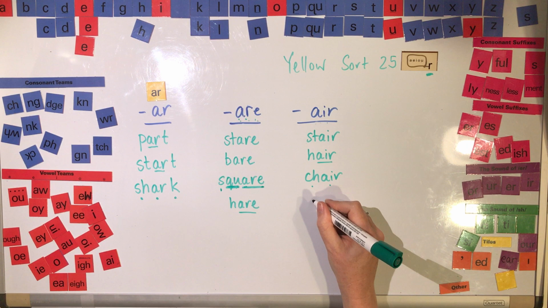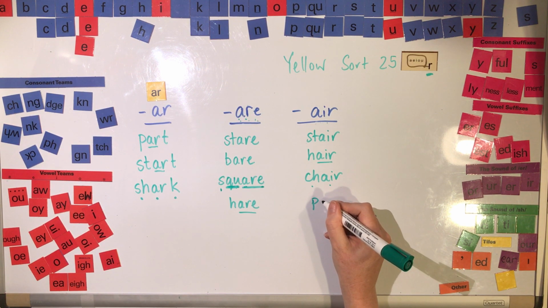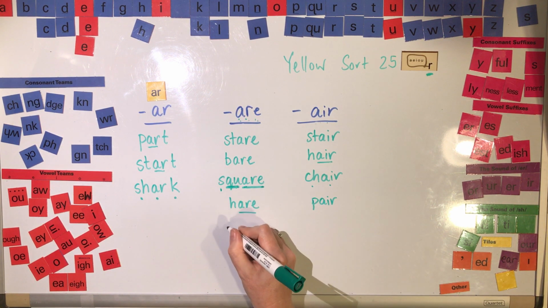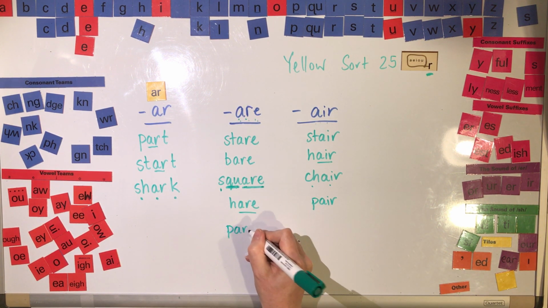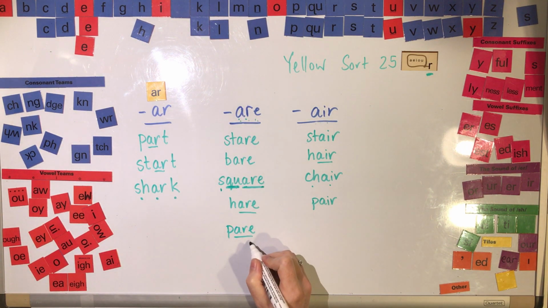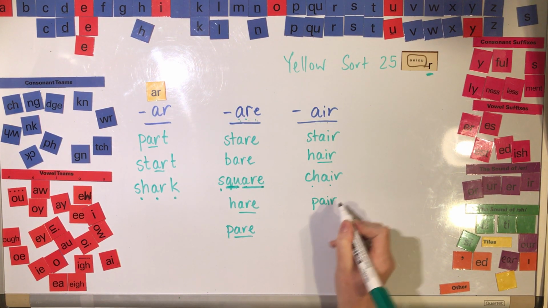Okay, we've got pear. Pare is to pare back or peel back. So that's what this word means. So you've got pair as in a pair of socks.